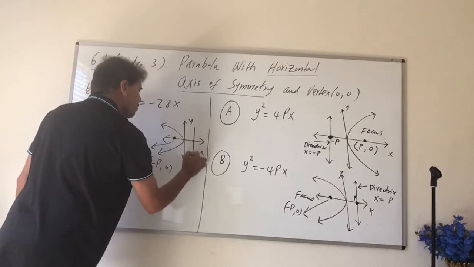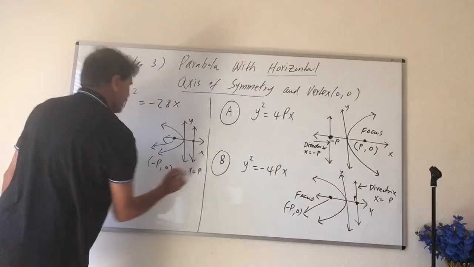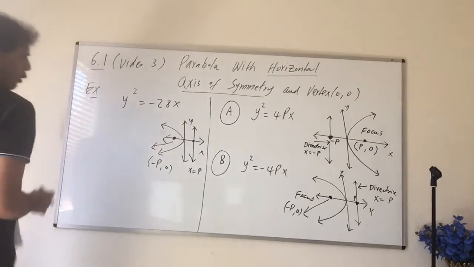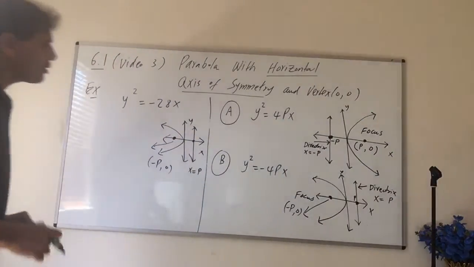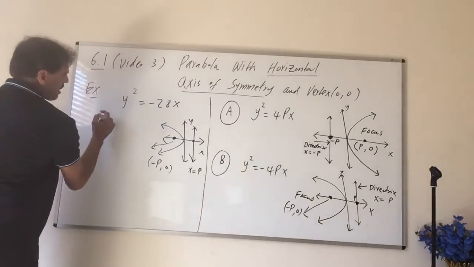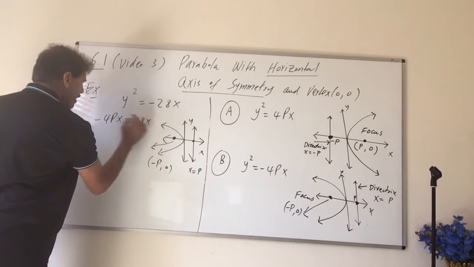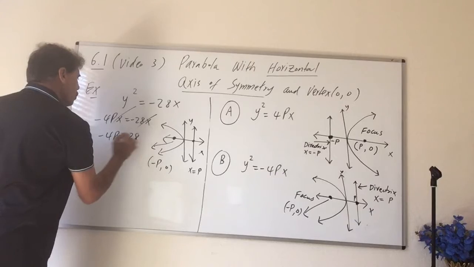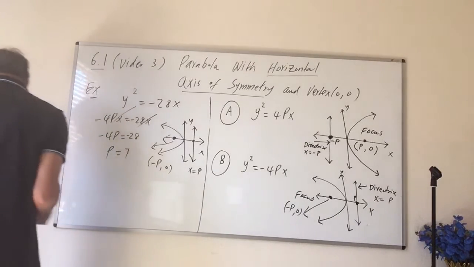This point on the positive side is the directrix, x equals p. Make sure to visualize the graph, it makes it much easier. We substitute: y squared equals negative 4px equals negative 28x. The x and x cancel, so negative 4p equals negative 28, and p must be 7.